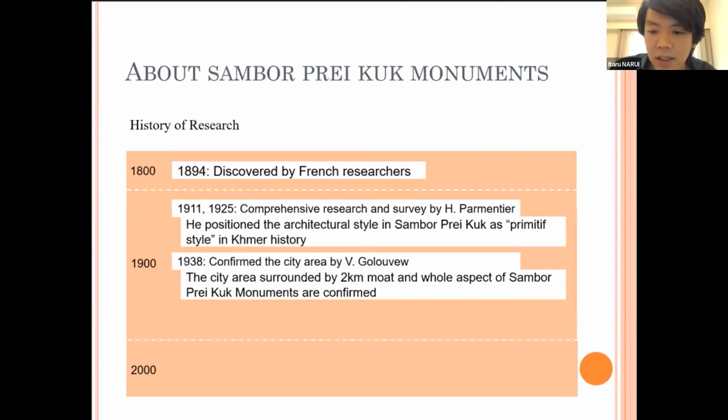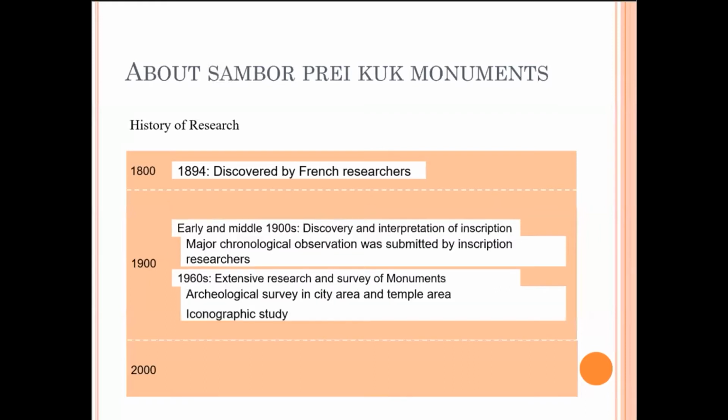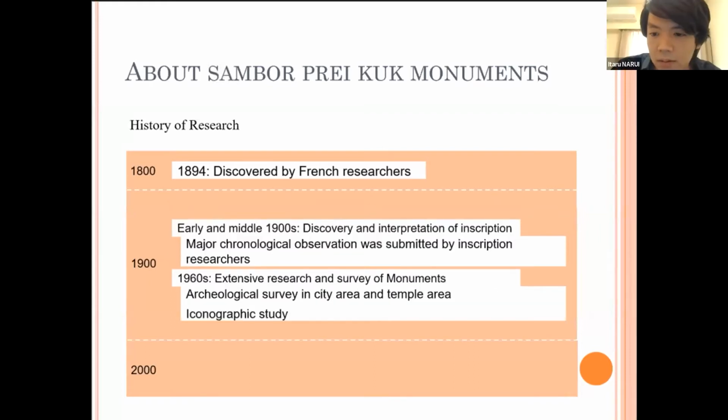In 1938, Corbel reviewed the entire figure of the city from aerial photographs. In the study of inscriptions, major chronological observations were submitted by inscription researchers in the early and middle 1960s.